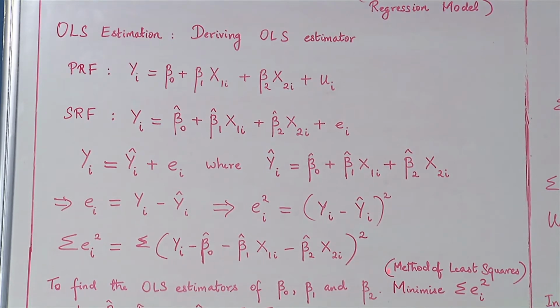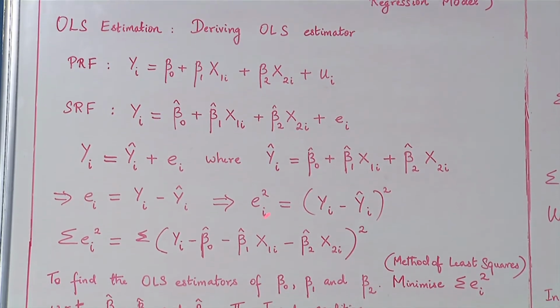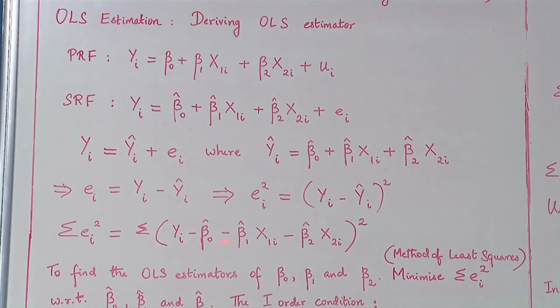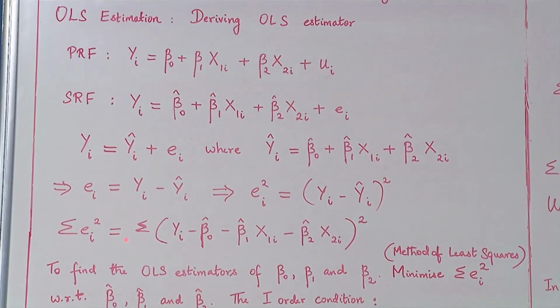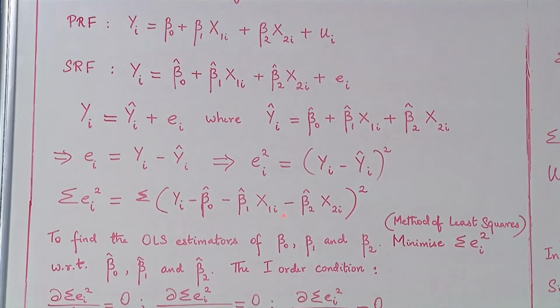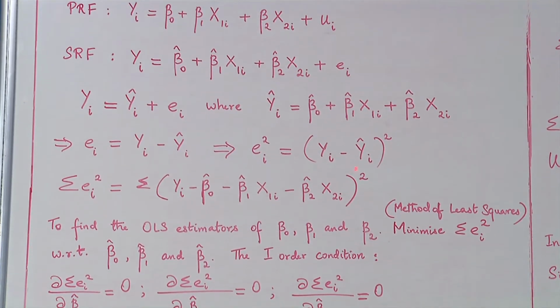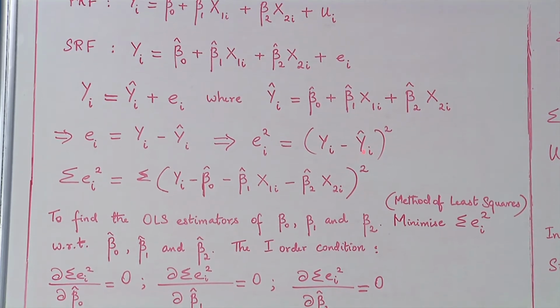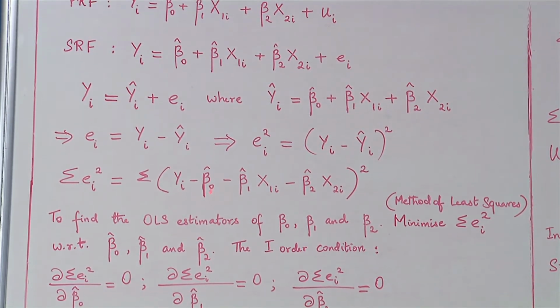Since we are applying the method of least squares, we square both sides as well as sum up. So, summation of ei square is equal to summation of yi minus beta naught hat minus beta 1 hat x1i minus beta 2 hat x2i whole square, where we substitute the relation for yi hat, as we already know.